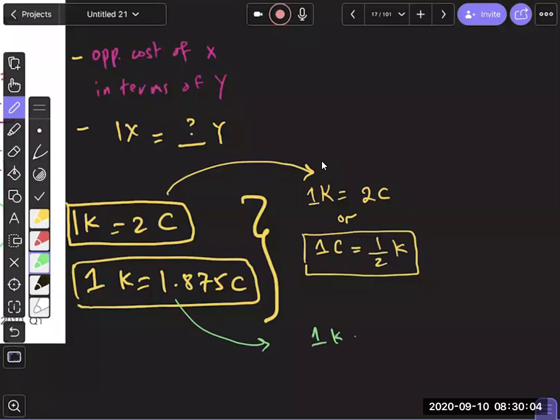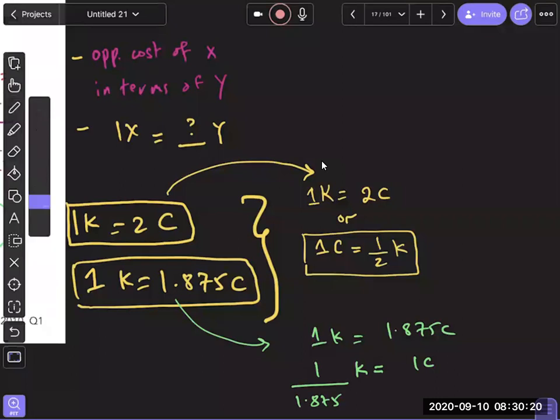1K is equal to 1.875C, or 1C is equal to 1 over 1.875K.